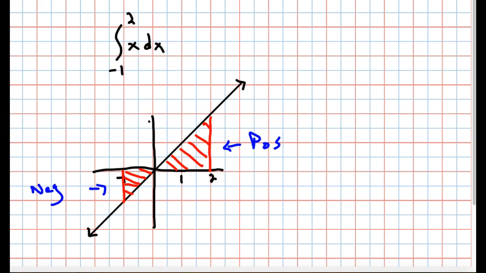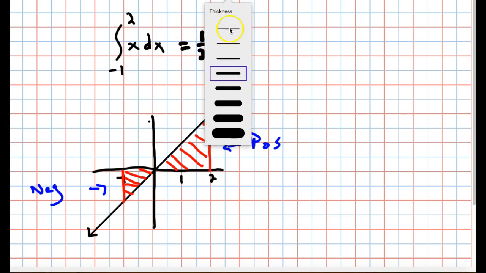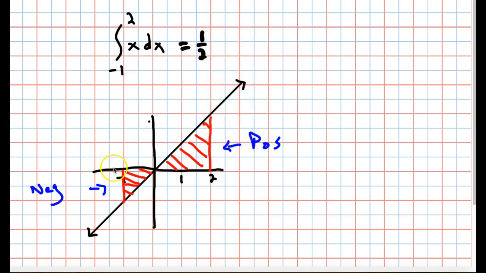So the area of this first triangle would be 1/2 times 2 times 2.